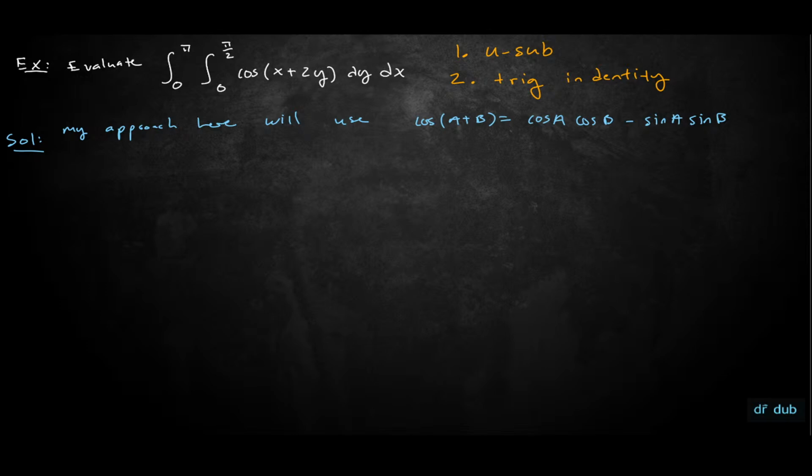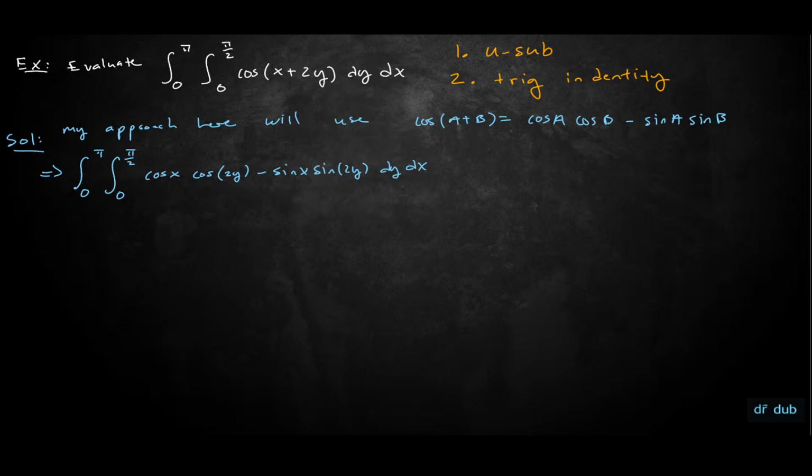Basically, a is x and b is 2y. So we're going to change this to be the integral from 0 to pi, integral 0 to pi over 2, and this will turn into cosine x, cosine of 2y, minus sine x, sine of 2y, dy dx.